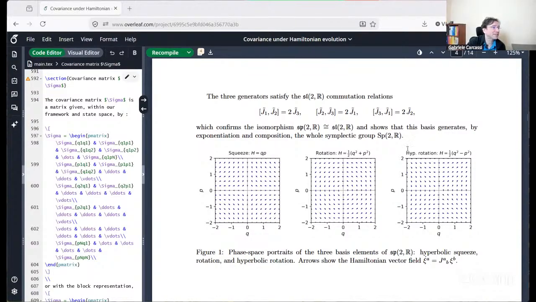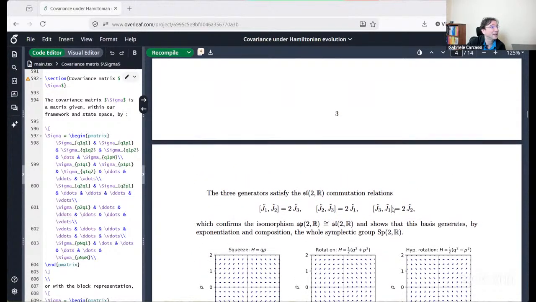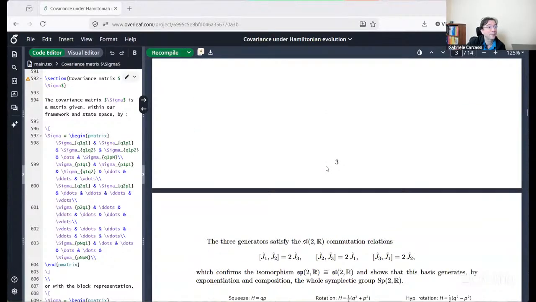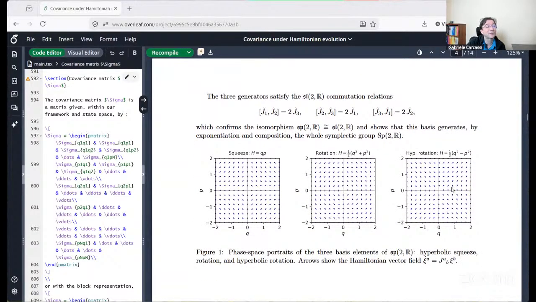Maybe. So what happens is that all of these three are area preserving transformations. The squeeze and the hyperbolic rotation, if you think of this as a linear transformation, there is a matrix with equal and opposite eigenvalues. So if you would diagonalize this matrix, you would have a plus and a minus one, so the sum, the trace, is zero.